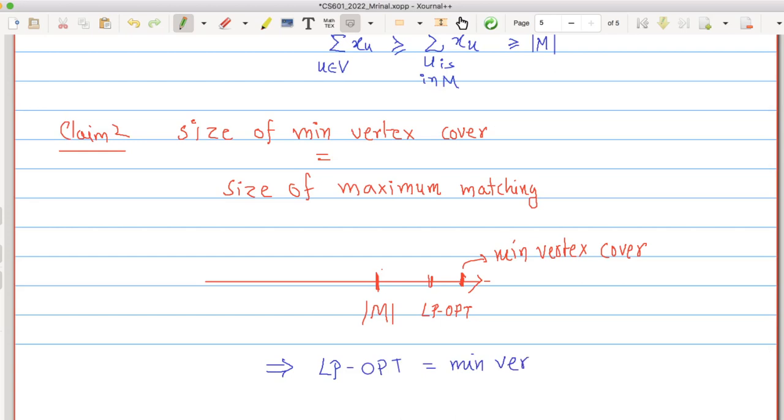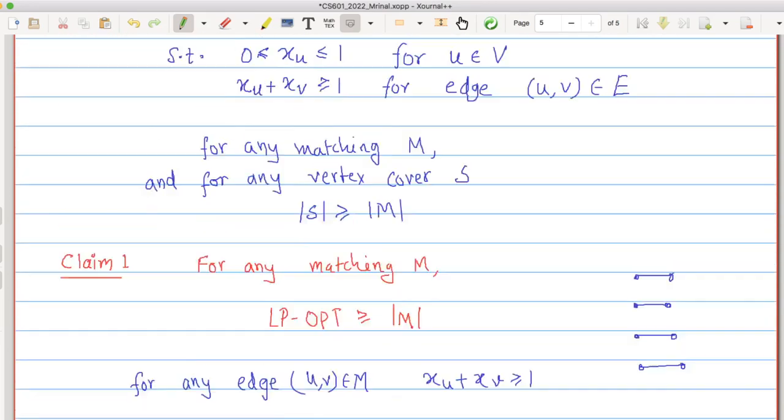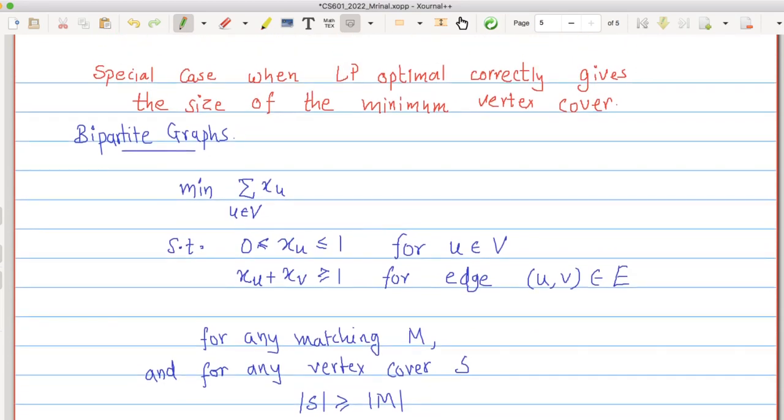So that's how you get that LP optimal is equal to the combinatorial optimal you wanted. There are a few other examples where this phenomenon happens, like independent sets in bipartite graphs, matching in bipartite graphs. In such cases, the LP optimal value gives you the exact optimal which you wanted for your combinatorial problem.